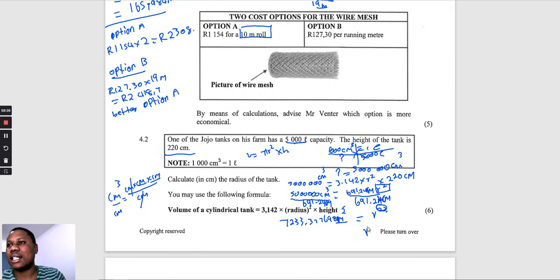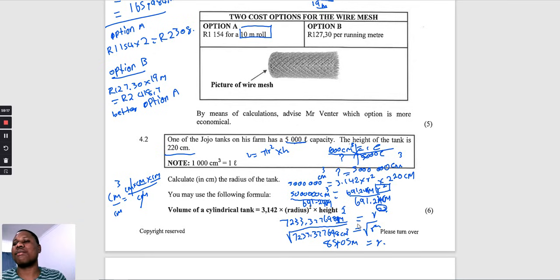We can put a square root there, and then put this 7,233,377,698 centimeters squared inside here. The square root of that is 85. Did they tell us about the rounding off? No, but we can round it off to 85.05 centimeters, which is equal to the radius.